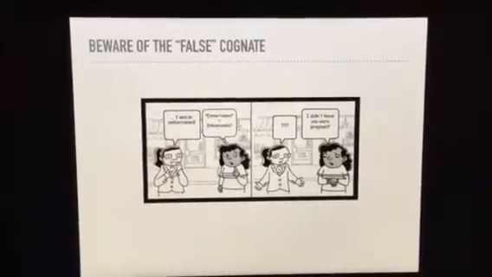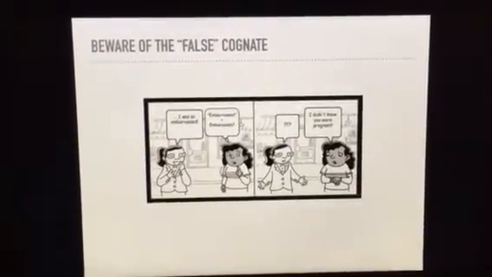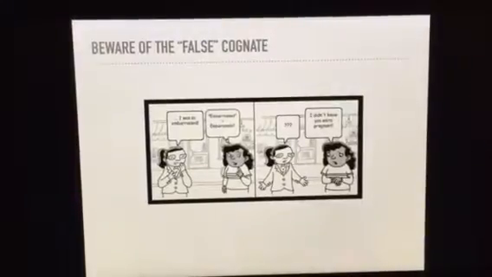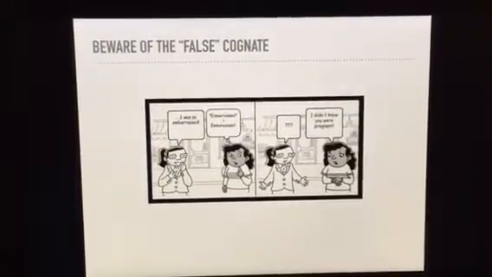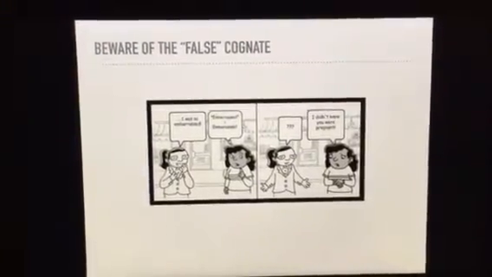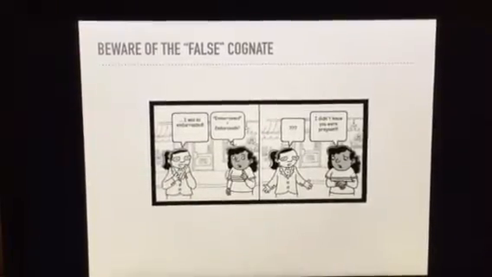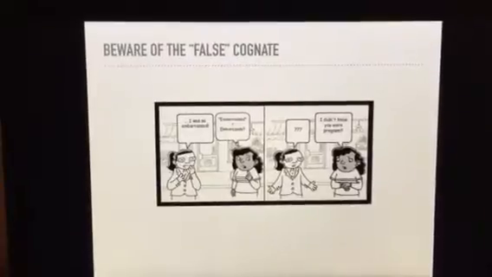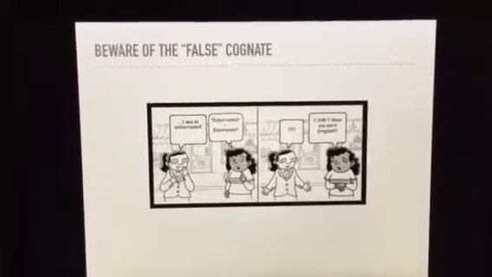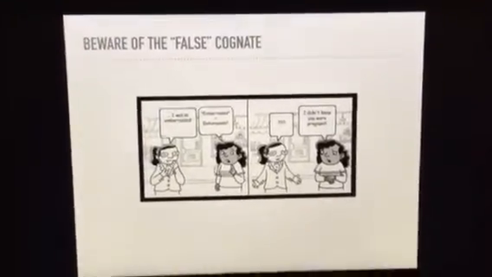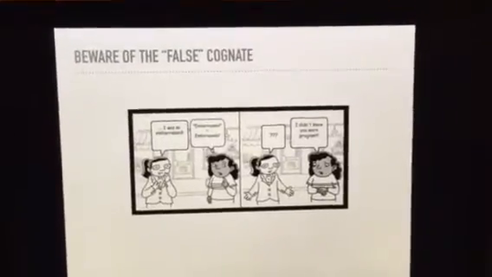Okay? Embarazada, although it sounds like embarrassed, does not mean embarrassed. It means pregnant. Along with words like constipado, which simply means congested, but sounds like something a little worse in English, are examples of false cognates.